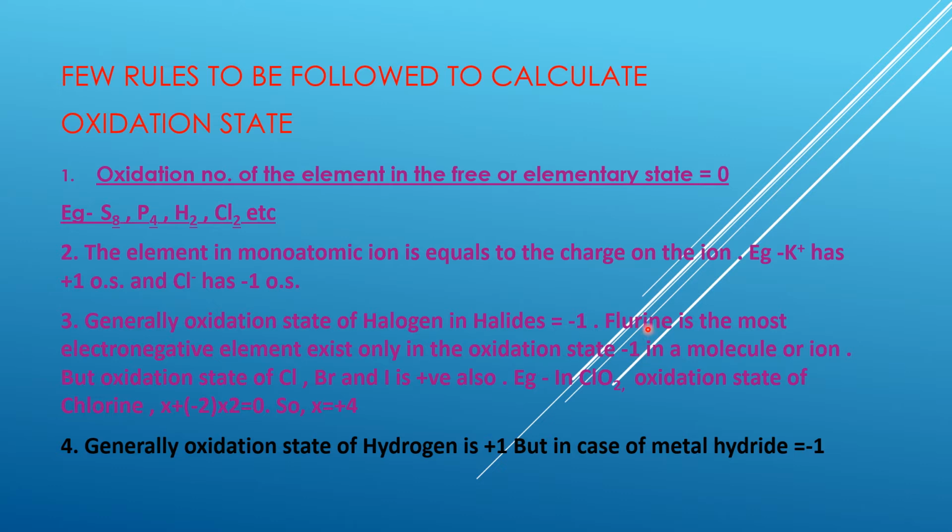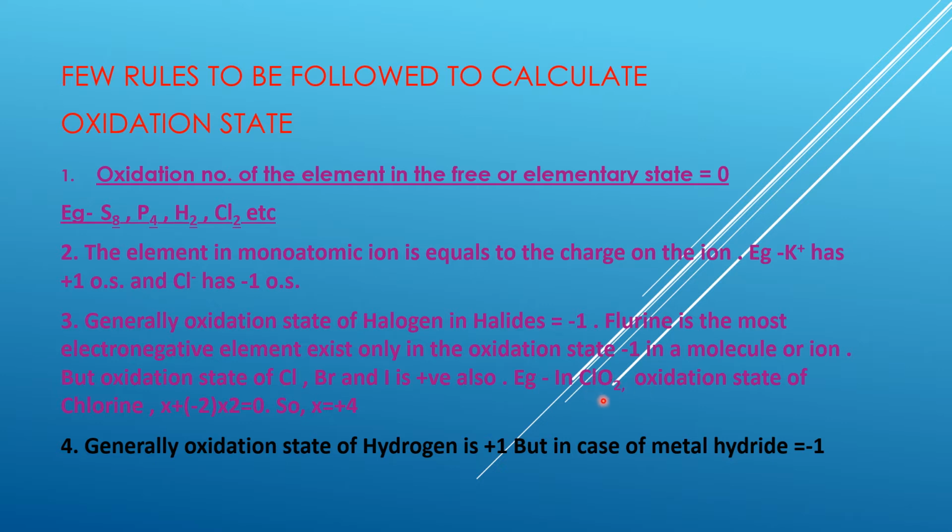But except fluorine, if we are taking any other halogen like chlorine, bromine, iodine, they are positively charged also in many molecules if they are bonded to a more electronegative atom. Like oxygen is more electronegative than chlorine.